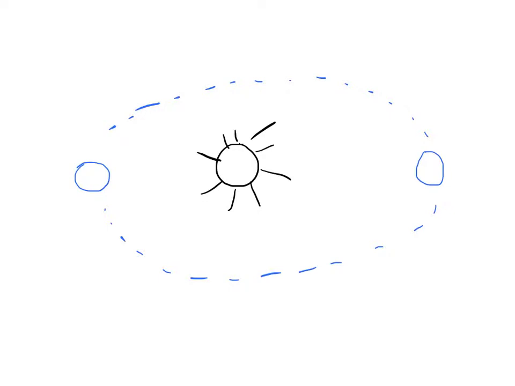So the distance from here to here is smaller than the distance from there to there. So I asked the question in class, what season would this side be? It's closer to the sun, so you might think it's summer. Well, not in this case. The distance from the sun has nothing to do with the season.